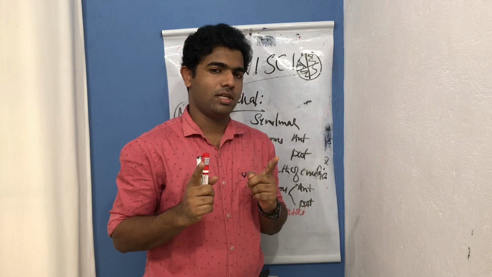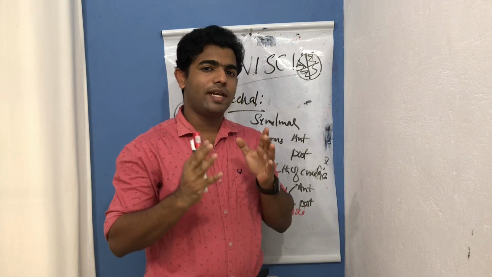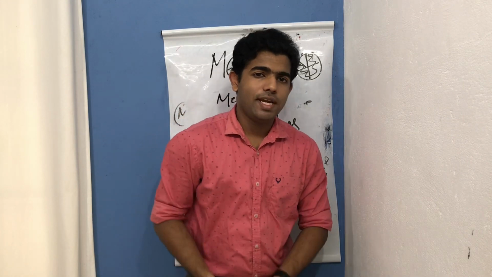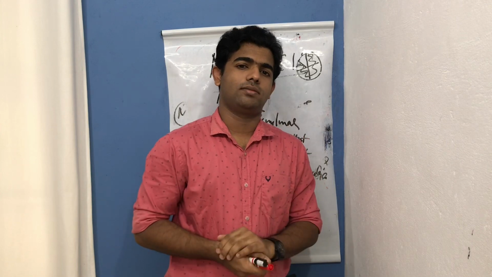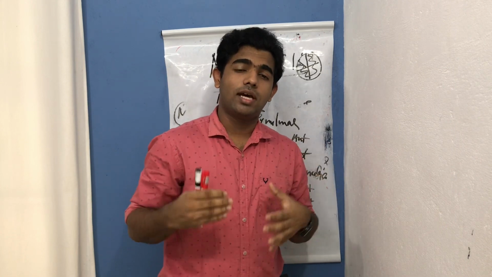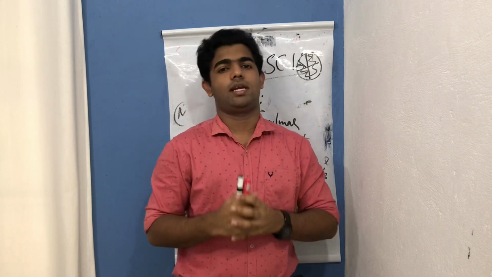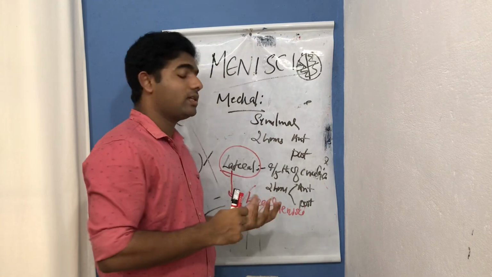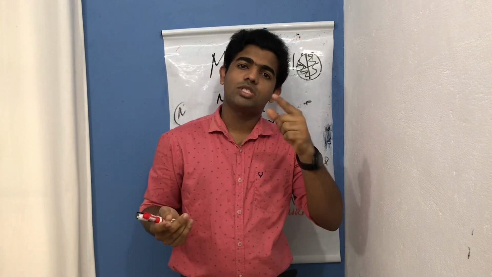Of course not, because we know that in our day-to-day activities the medial compartment is more loaded and more compressed, and there is more chance of osteoarthritis and articular cartilage damage in the medial compartment. And if the meniscus coverage is less there, this possibility increases.